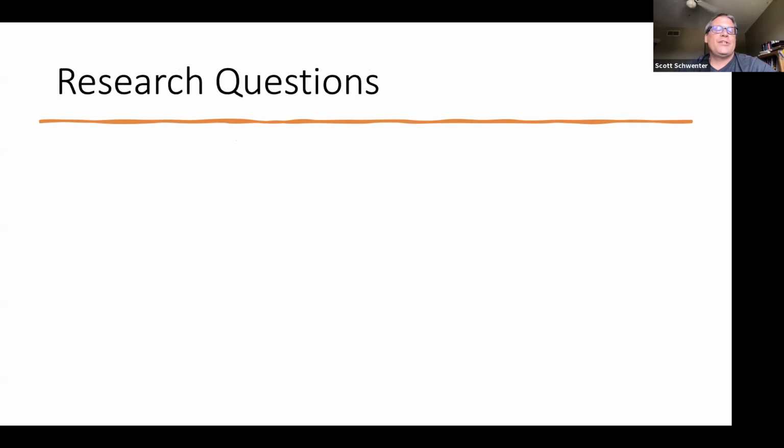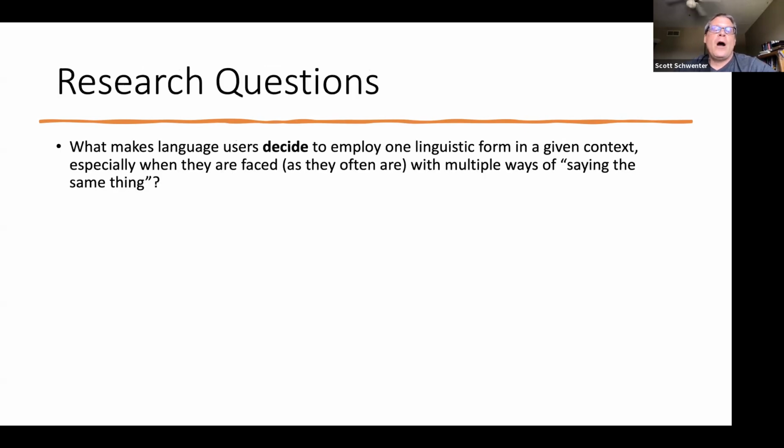And so we want to know things like, what makes language users decide to employ one linguistic form in a given context, even when there are multiple ways of saying it in that context, right? So what leads us to say it one way and not another way that would also be possible?